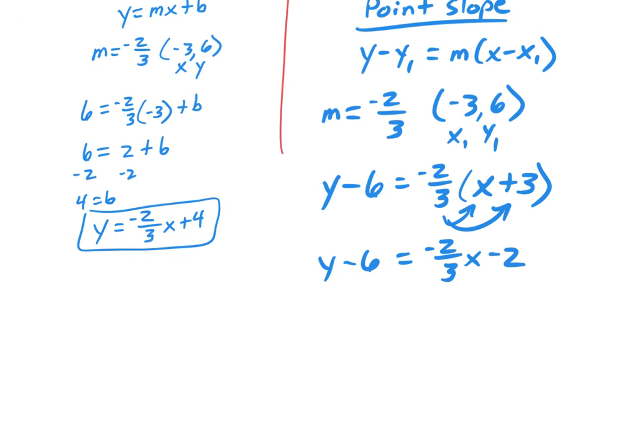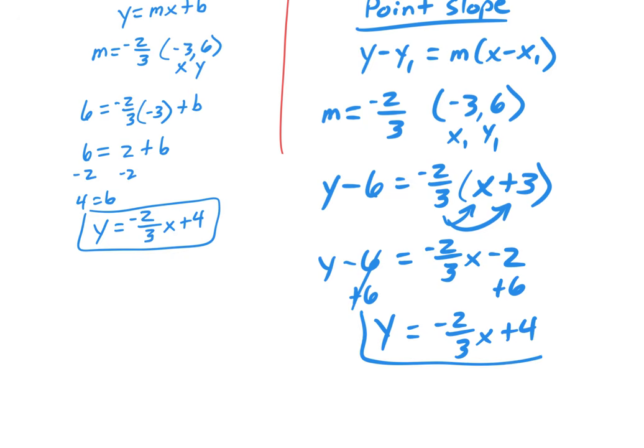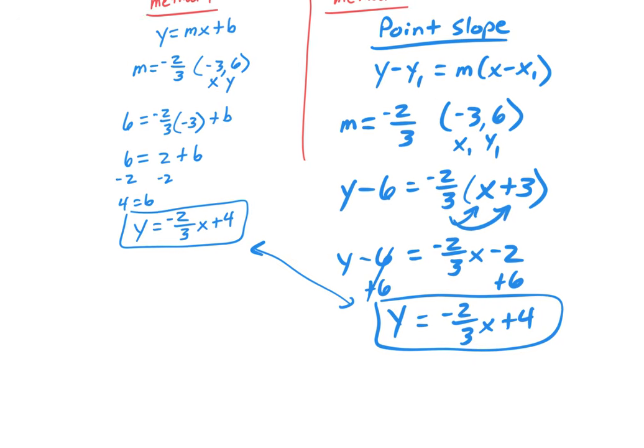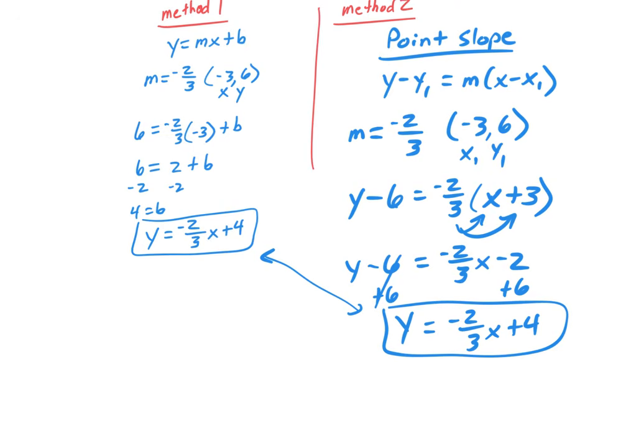And then the last thing we would do to get y by itself is we would add 6. And if you notice, we get the same thing either way. Okay.